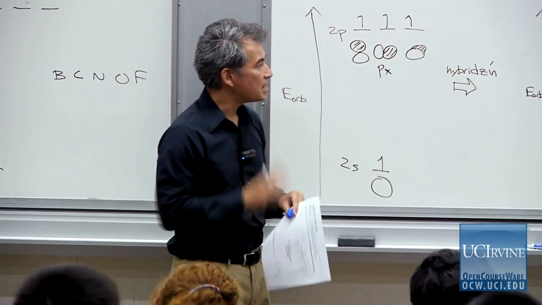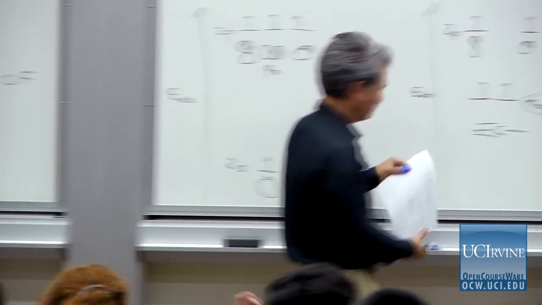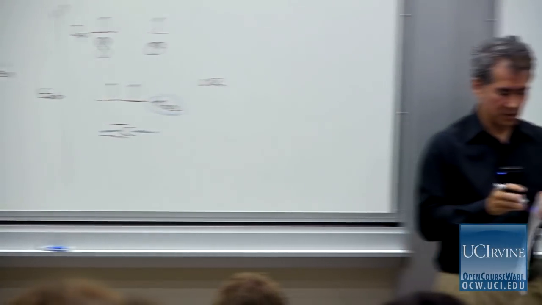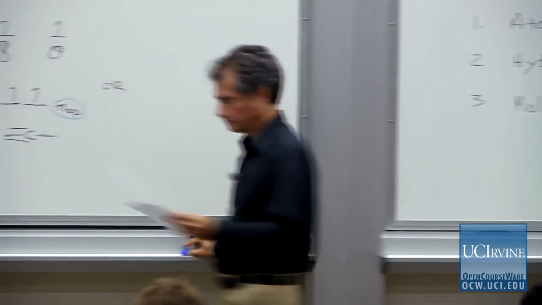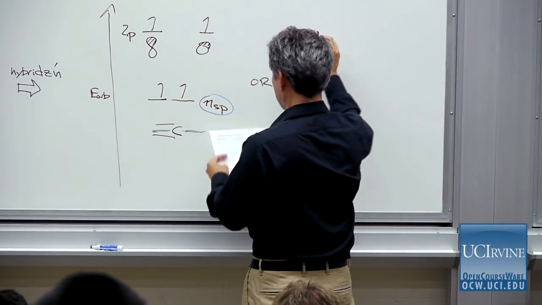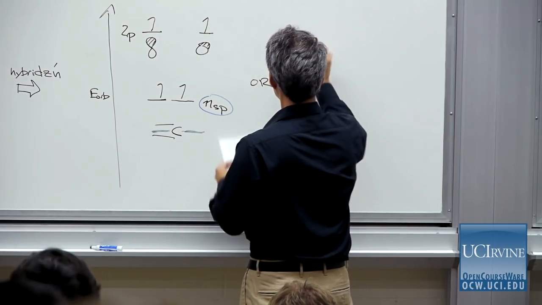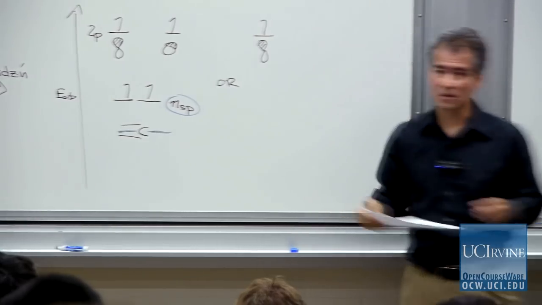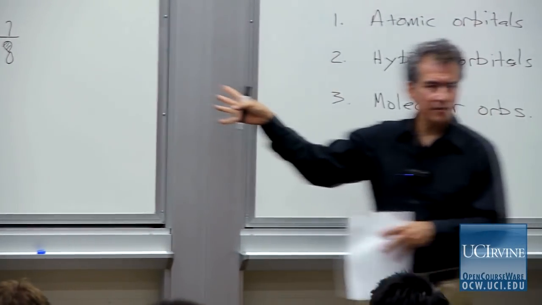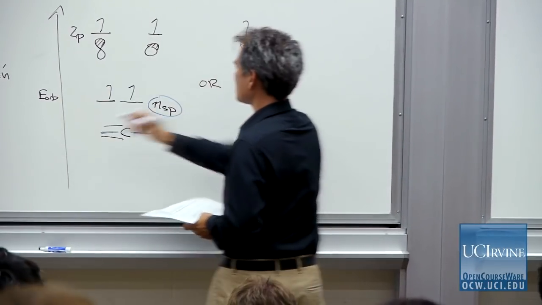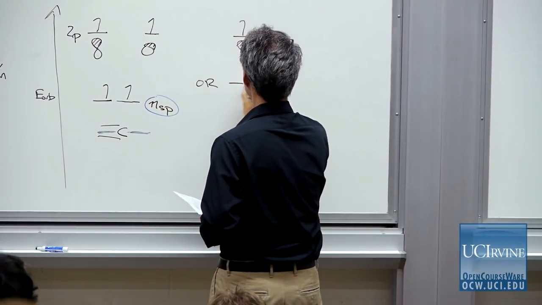So let's go ahead and look at another hybridization combination. There are other ways that we can hybridize these, and I hope you're familiar with these. Let's suppose I take one of these orbitals and I mix it with those others. I'll be left with one of the p orbitals, but I still have 3 other orbitals left. Now if I mix 2 of these p orbitals with one of the s orbitals, I'll have 3 more orbitals.